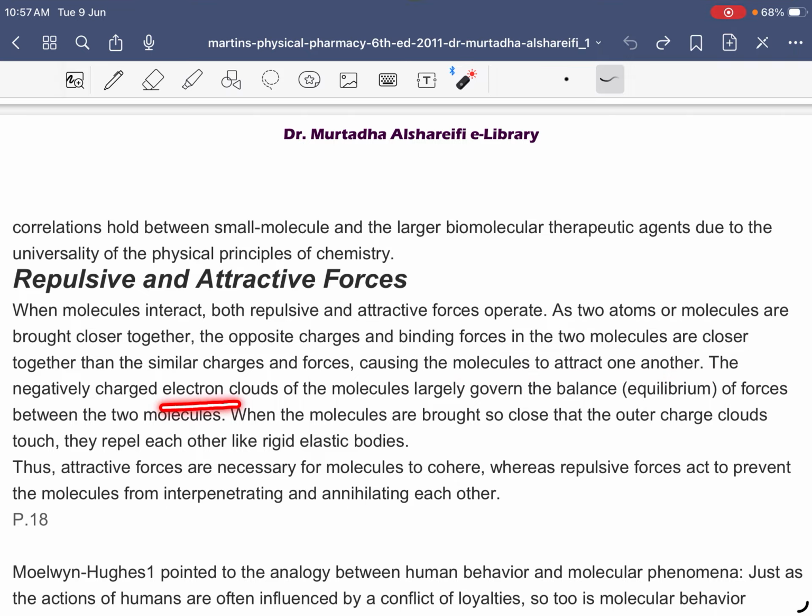The negatively charged electron cloud of the molecule largely governs the balance, matlab equilibrium, of the forces between the molecules. When the molecules are brought so close that the outer charge clouds touch, they repel each other like rigid elastic bodies. Thus, attractive forces are necessary for molecules to cohere, whereas repulsive forces act to prevent the molecules from interpenetrating and annihilating each other.